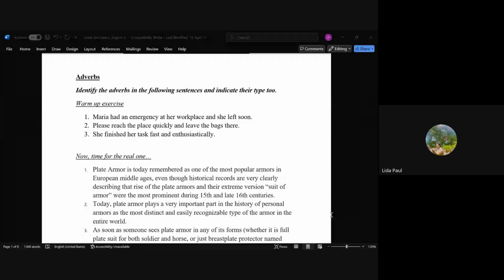No, emergency is not an adverb. But how about at her workplace? Do you think that is an adverb? Adverb of place. Is it an adverb? That's the question. Is it an adverb or is it a prepositional phrase?